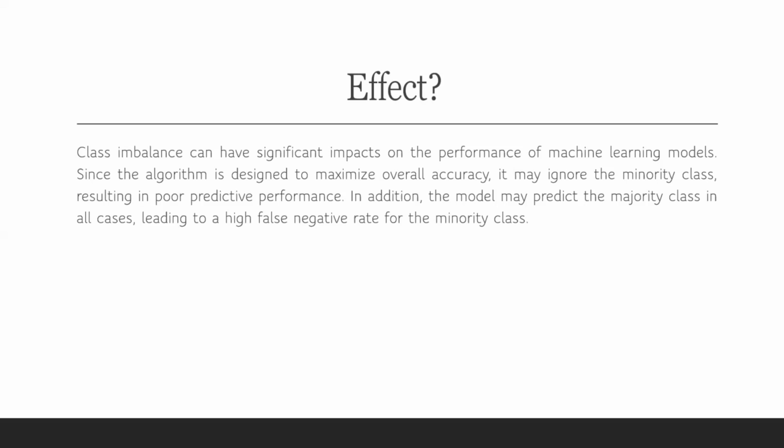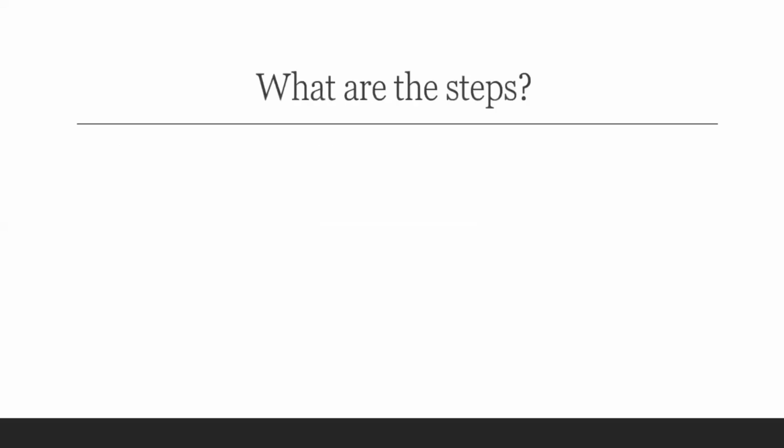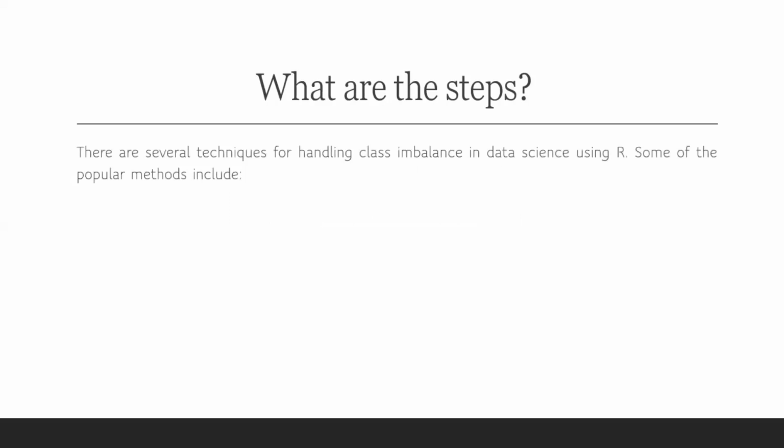However, modeling is not a part of this course, but we should know how class imbalance affects it. In addition, the model may predict the majority class in all cases, leading to a high false negative rate for the minority class. Let's see the steps for class imbalance.